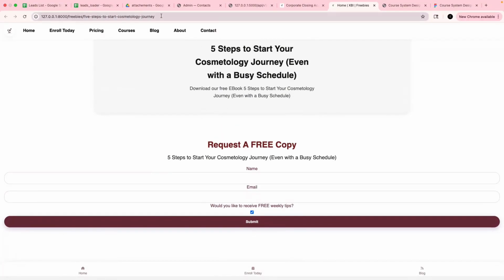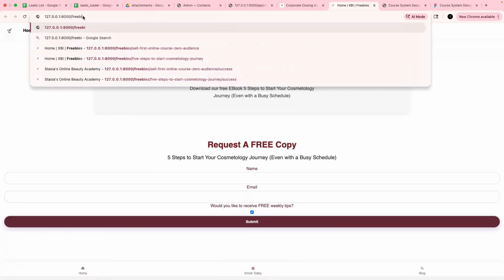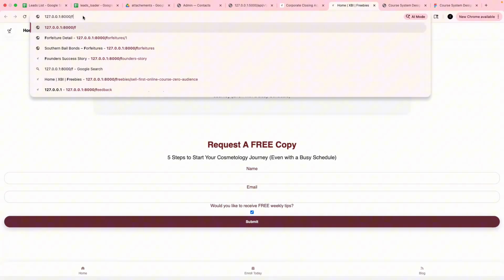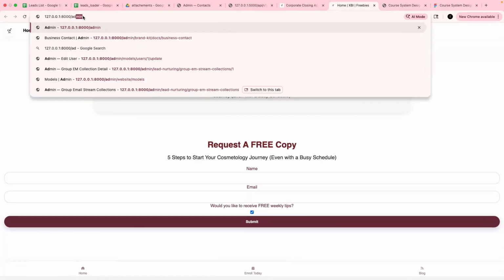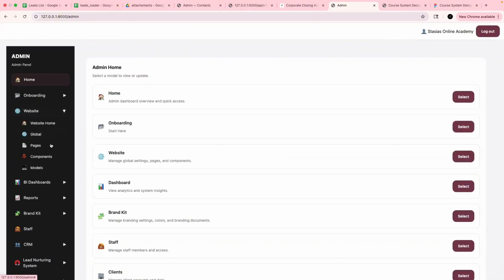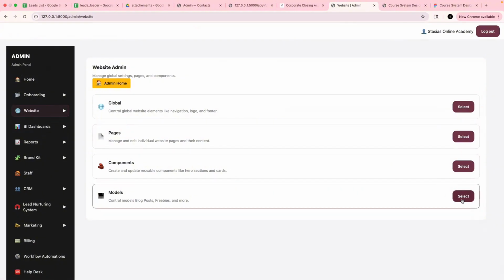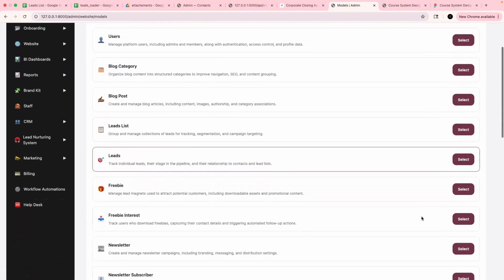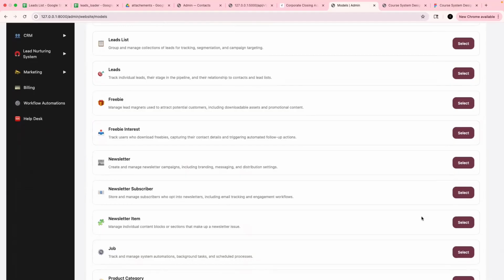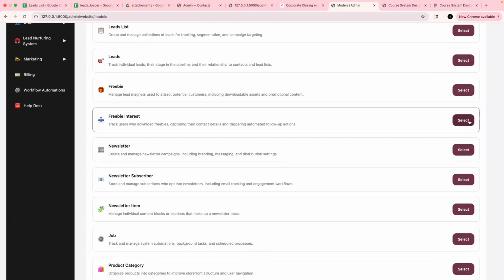For this campaign, like I said, these are our early founders who are likely starting at zero. So this is how we begin to build their leads. If I go to our models, let's go to freebie interest, for example.